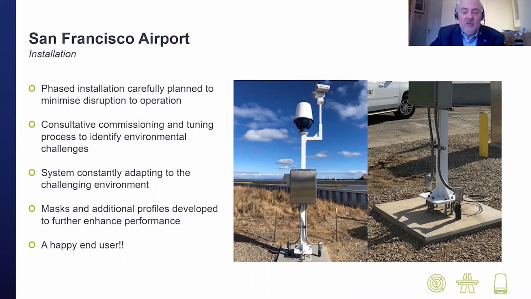And then cameras are automatically directed to track that intruder and continue to track them as they move across the airfield, and the system will automatically hand over to more relevant cameras if they move out of the range of the one that's currently tracking them.